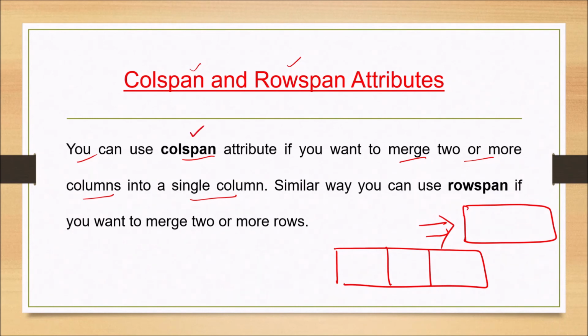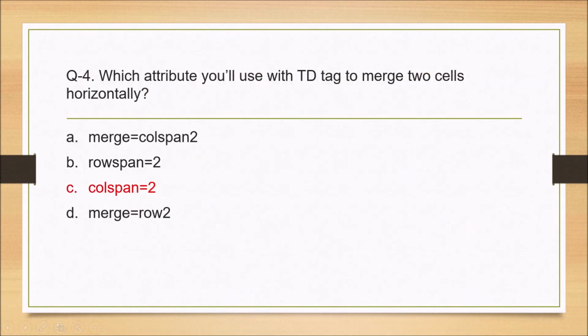And in the similar way, if you want to merge two or more rows, in that case you have to use rowspan. And equals to 2 means the number of rows or columns, or we can say number of cells we want to merge for that particular row or column.